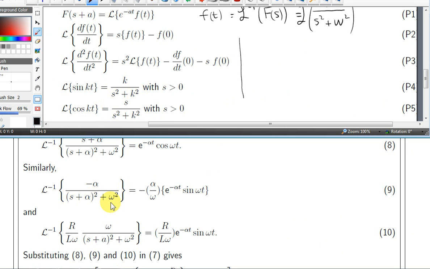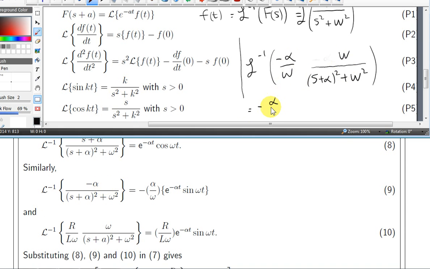This constant squared is omega squared, so omega is k, but we have to have omega on top, so we need to stick an omega on top here and then divide by omega. So this is what we're actually after. We need to take out omega, and then we can use linearity to take out minus alpha over omega. So we'll have minus alpha over omega times the inverse Laplace transform of this thing here, omega over s plus alpha squared plus omega squared.